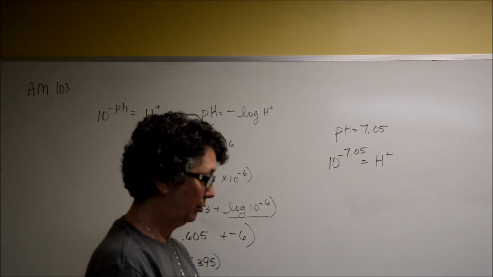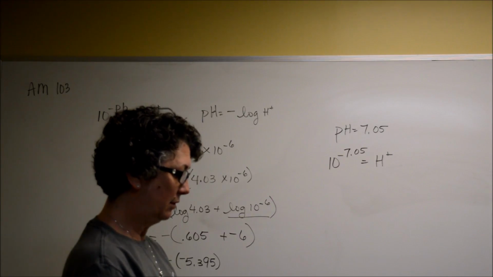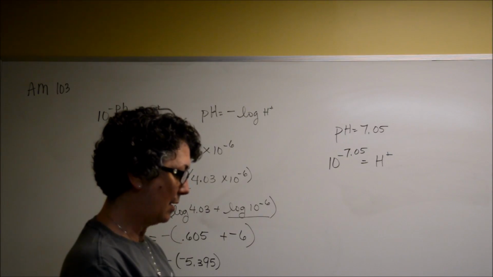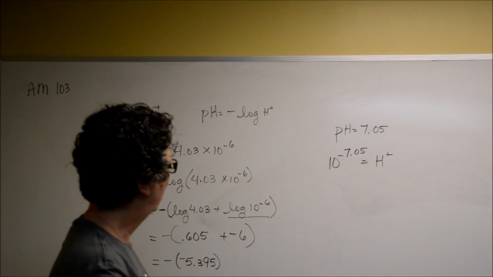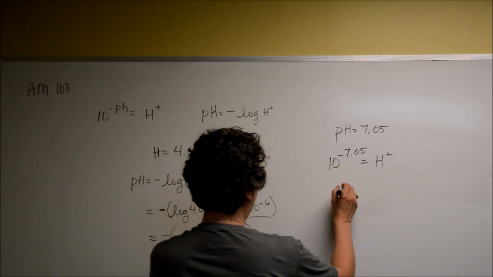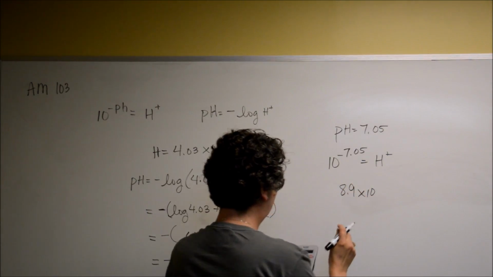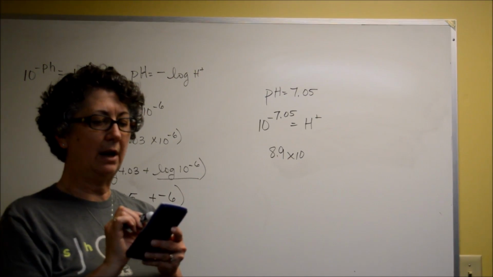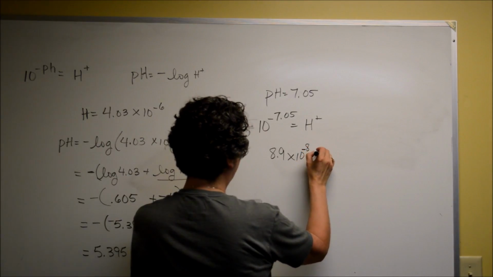So I'm going to take negative 7.05, take the opposite of that, raise 10 to that power. Oh, yep, and I'm going to get 8.9 times 10 to the, and I'm going to have to count this, 1, 2, 3, 4, 5, 6, 7, 8, yep, to the negative 8 power.